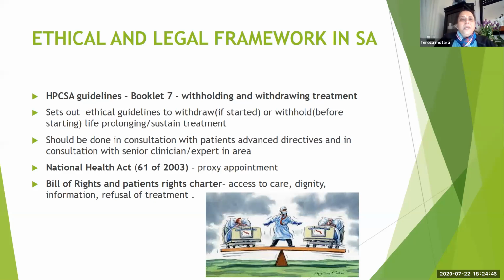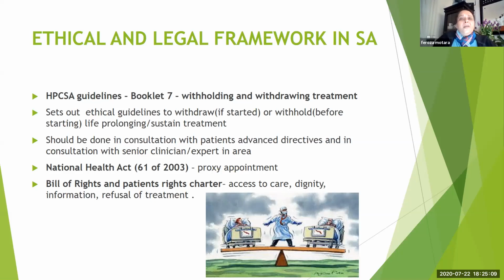And it should be done in consultation with the patient's advance directives, should they exist, and in consultation with a senior clinician or an expert in the area. So it can't be the junior MO or the very junior registrar making these decisions on the patient's behalf.